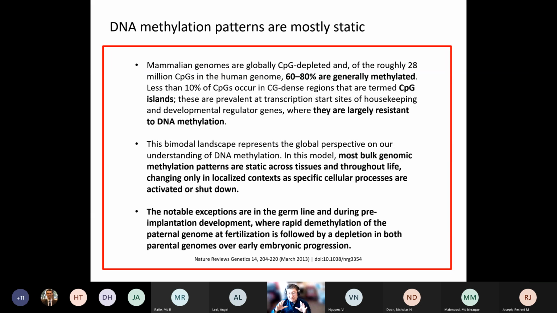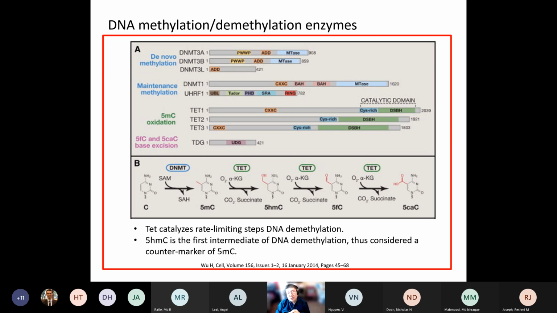But the bimodal just tells you the majority is static, they won't change. But in the CpG island, you see quick change, and those changes also have some kind of temporal regulation. During early development, you see that the DNA methylation gets erased, almost completely erased.